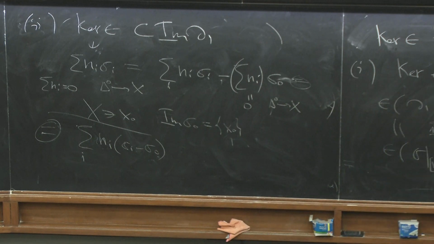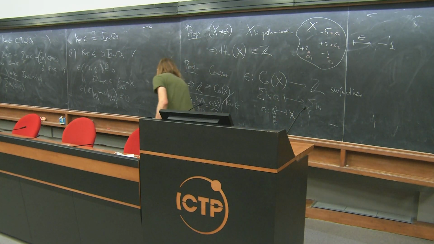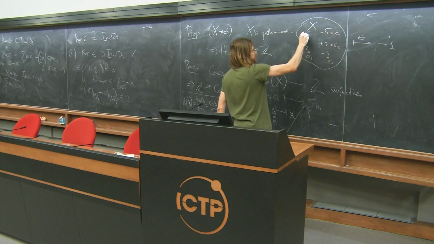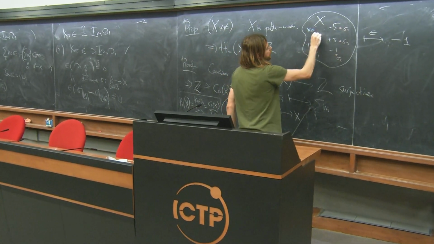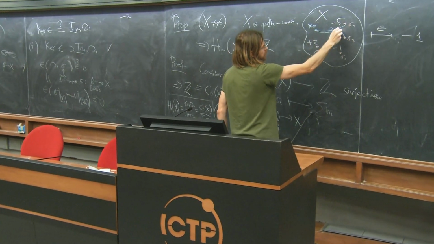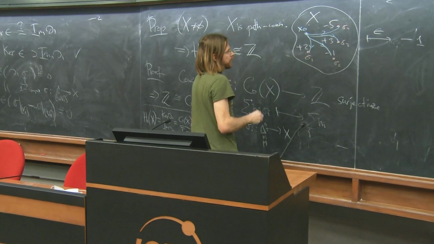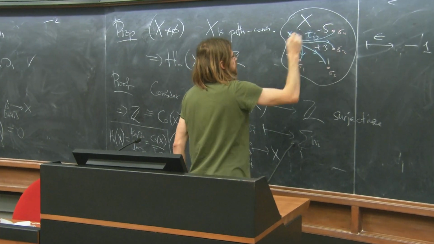So if I look at this picture, which we had before, we introduce some point x0 here, but since x is path connected, for each of these points which I had before, I can choose a path from x0 to each of these points. Let me denote this path as tau i.